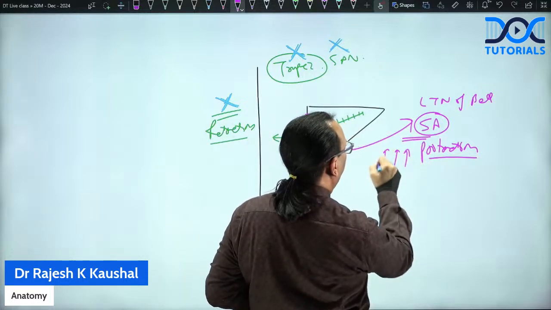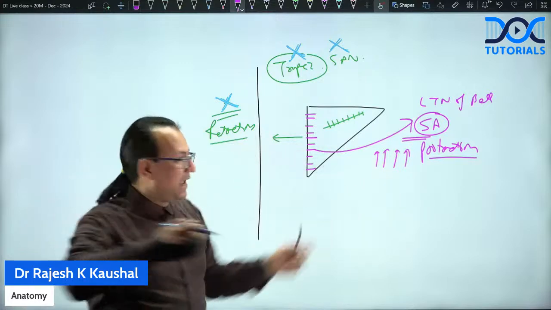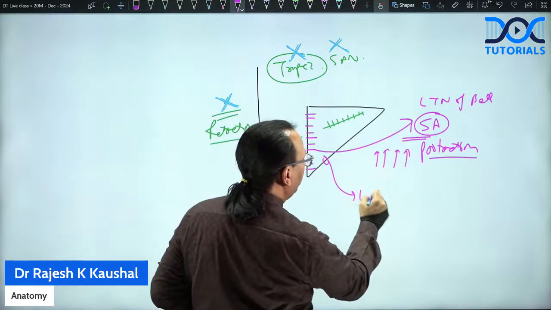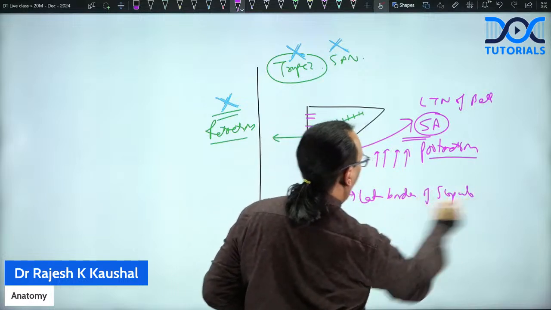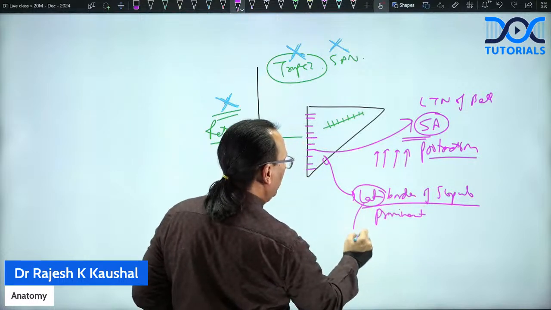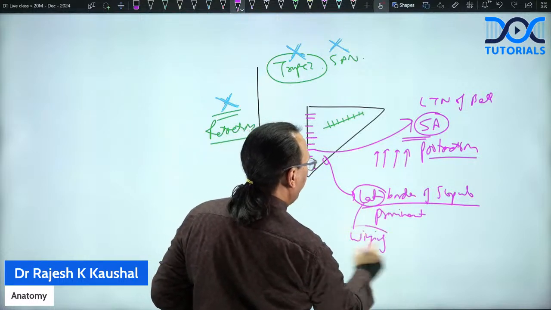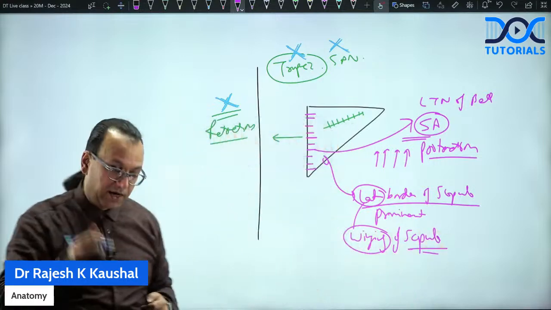It will pull the scapula laterally, and the lateral border of scapula will become prominent. That is called lateral winging of scapula.